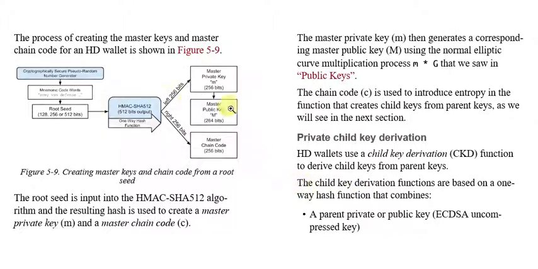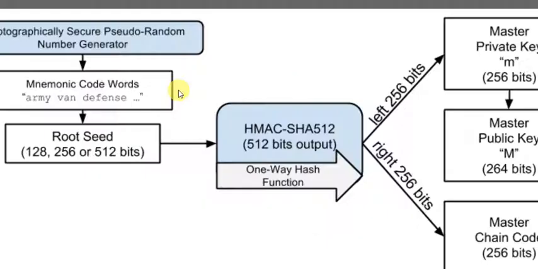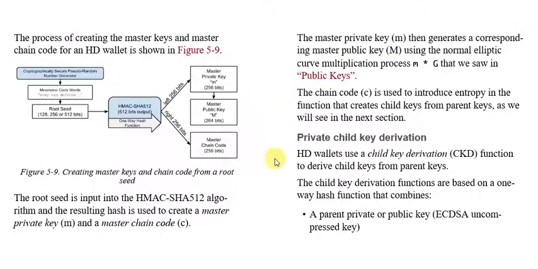The process of creating the master keys and master chain code for an HD wallet is shown in Figure 5-9. Figure 5-9. Creating master keys and chain code from a root seed.